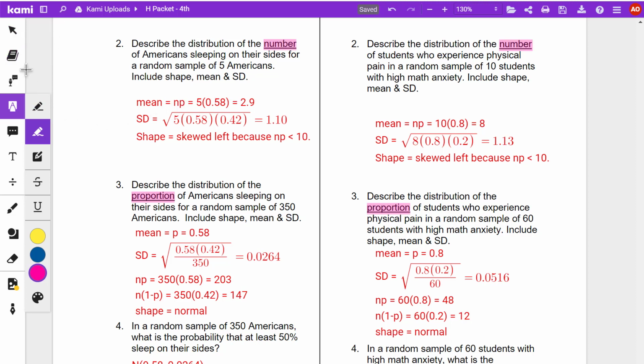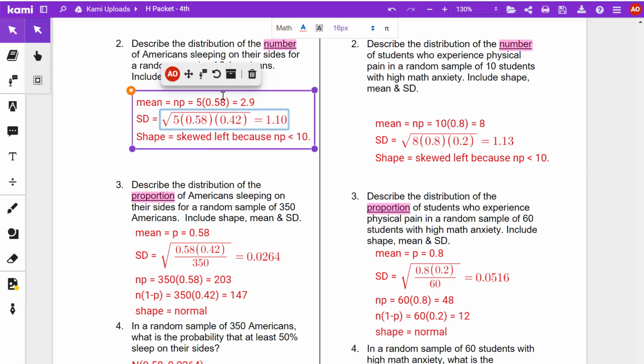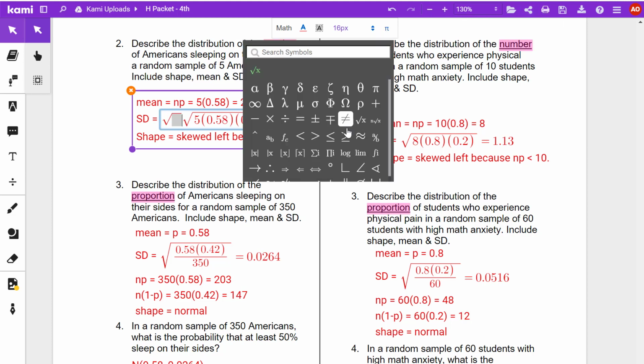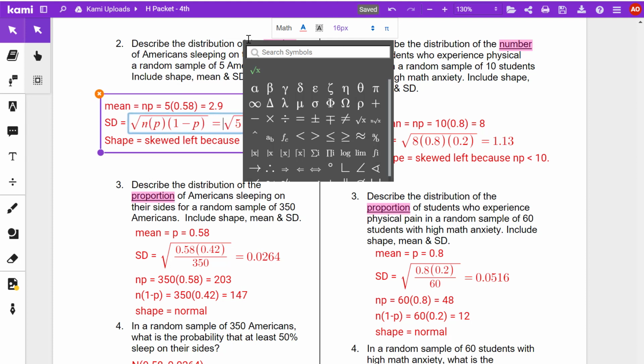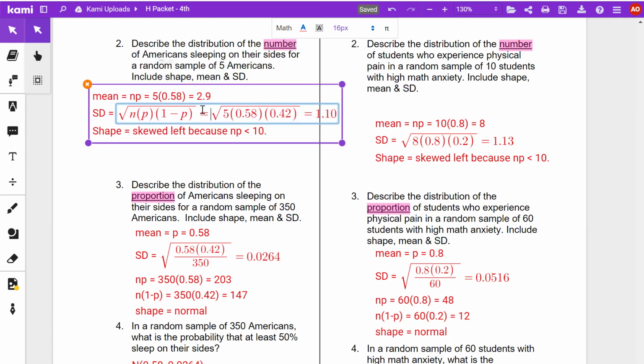There's the mean, and I can edit this and add in the equation for the standard deviation, just so you have it as a reference. So this is n times p times 1 minus p. That is the formula. Let me move it over so you can see.